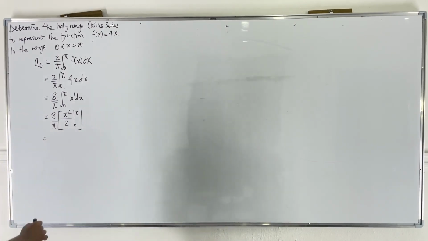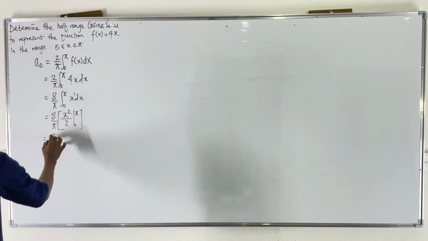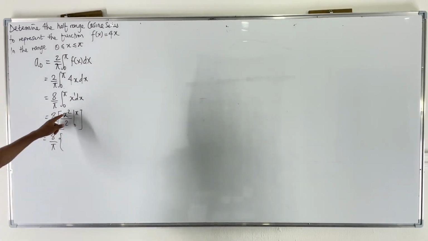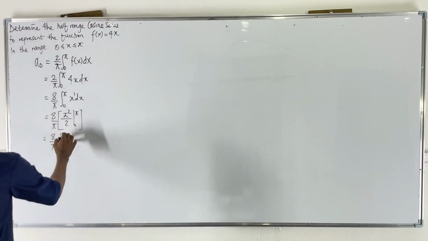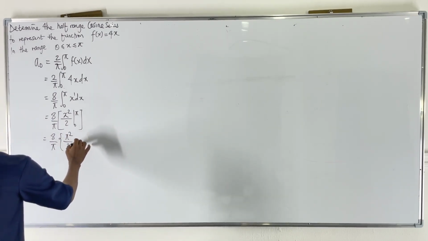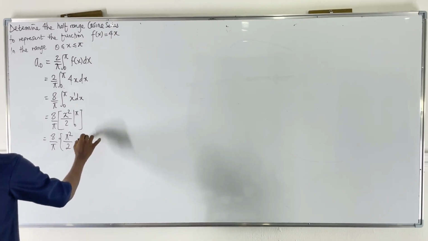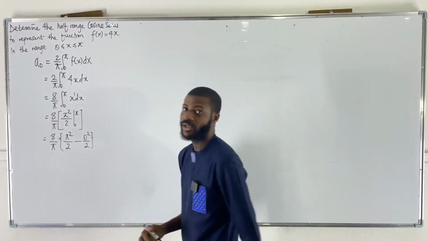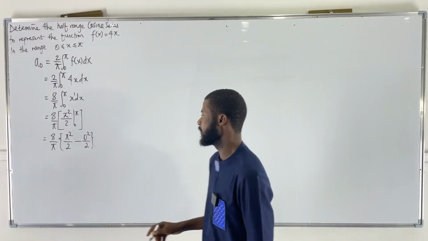So this will be 8 over pi. Now, anywhere I see x, I'm going to put pi. So this will become pi squared over 2, and then minus 0 squared over 2. So there's a part for the upper limit, there's a part for the lower limit.